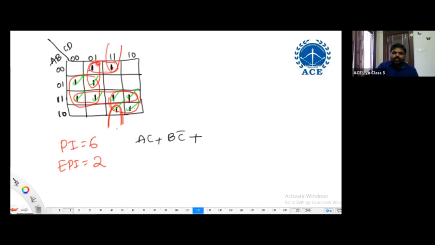So, with minimum complexity, this grouping covers the 2 minterms which are not covered by essential prime implicants. So, what is that here? A bar, B bar, D. Correct? Anything else required? No. Already completed. Functionally complete.